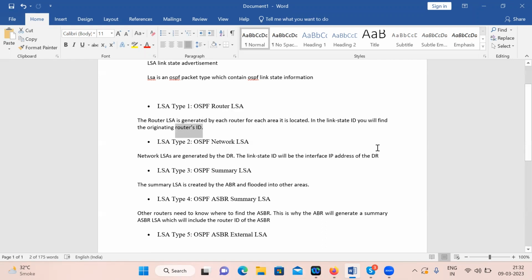Very simple: the router ID is used to identify a router in the OSPF process. Every router has a router ID.